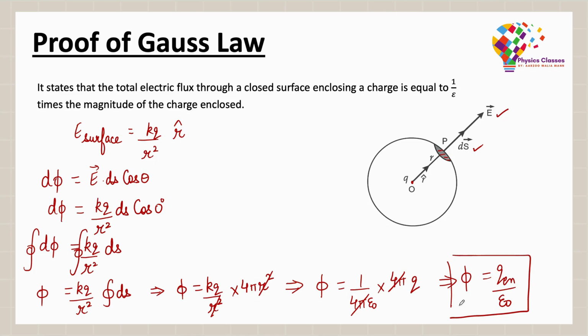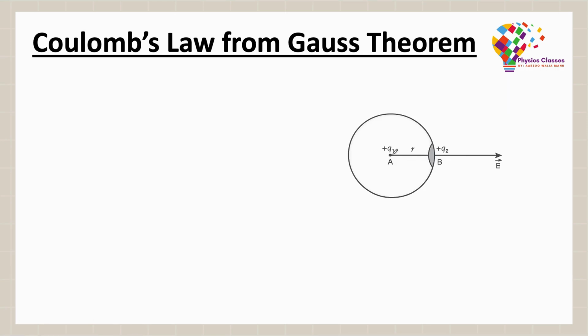So further moving on, let us try to derive the Coulomb's law from the Gauss theorem. In order to derive this, let's say that I have a charge q1 which is lying at this point A and I have a charge q2 lying at a point B. Now they are separated by a distance r.